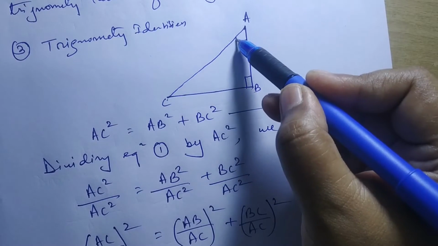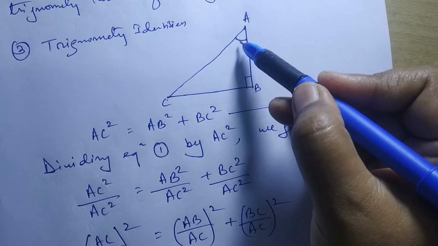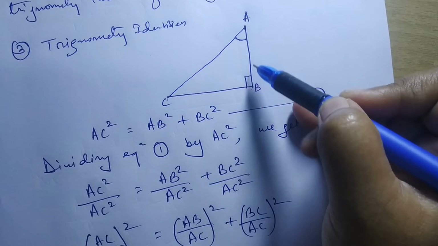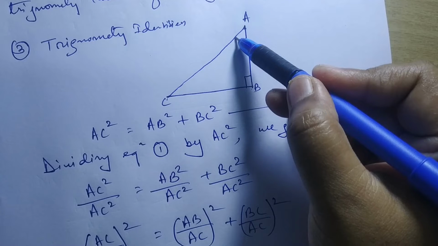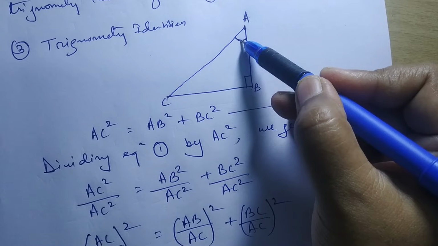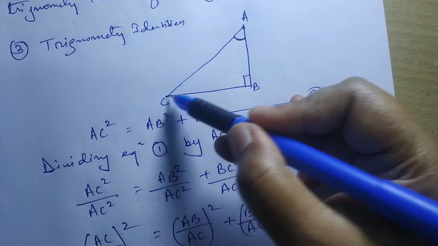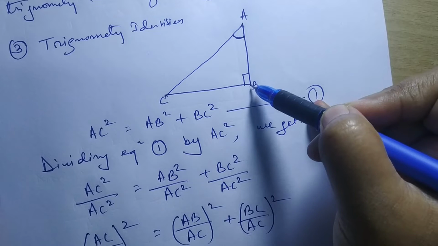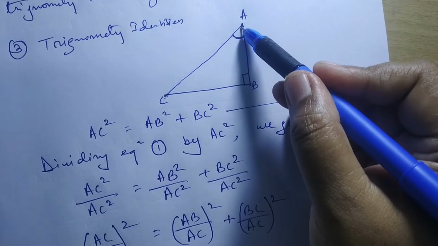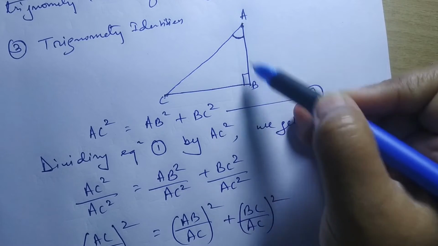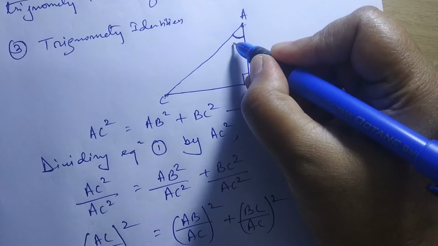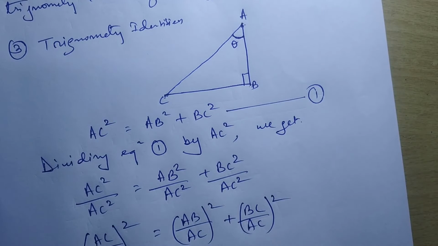I will take this for angle A. If I am talking about A, then which side is facing this angle? That means CB. So CB will be the perpendicular and AB will be the base. AB is the base and AC is the hypotenuse. So AB by AC will be cos theta or cos A. I am naming this angle as theta. Cos theta, this is a whole square.